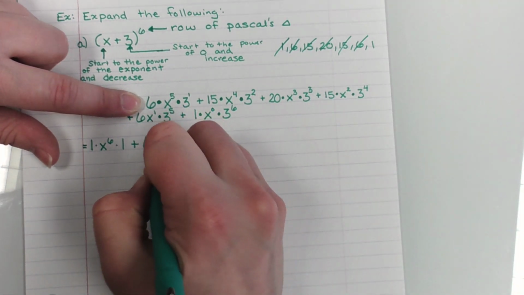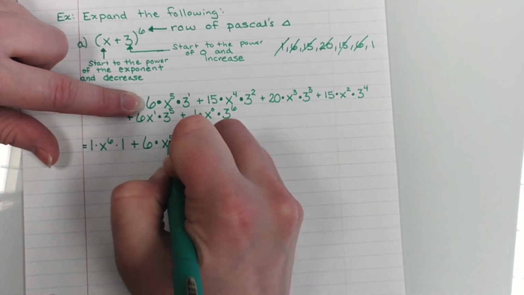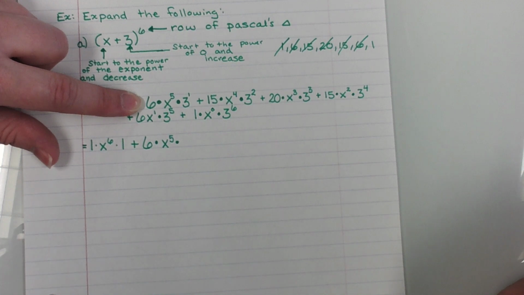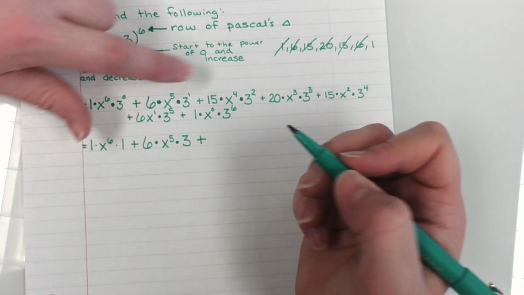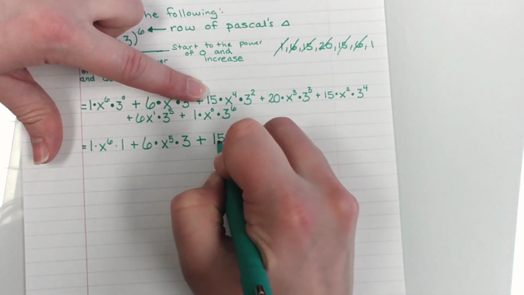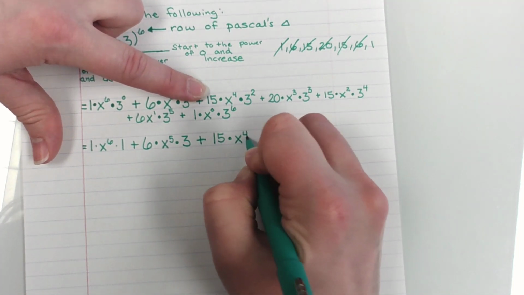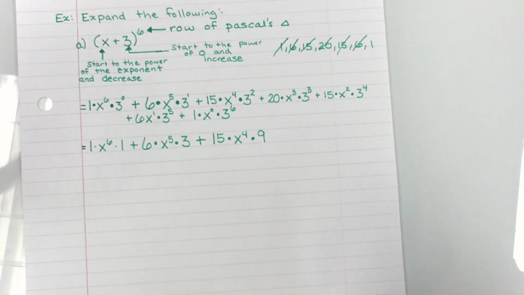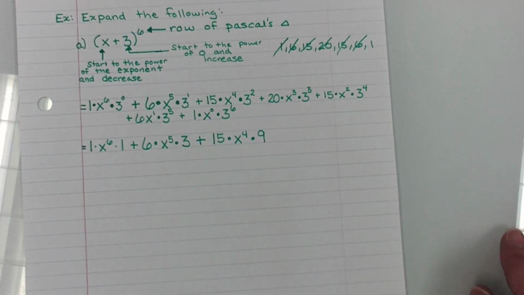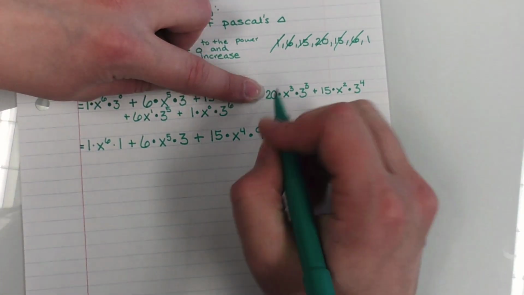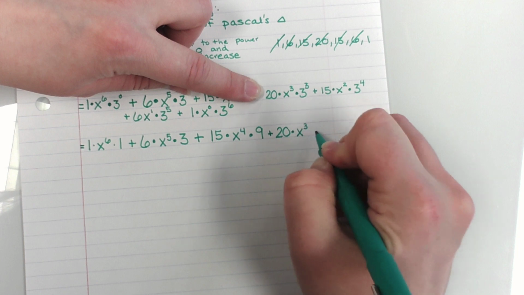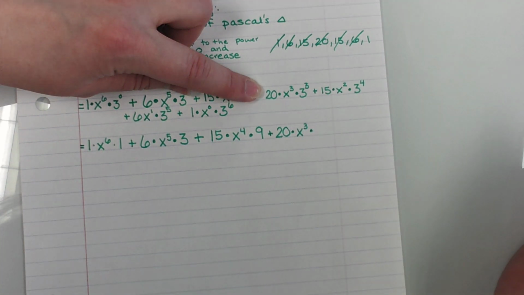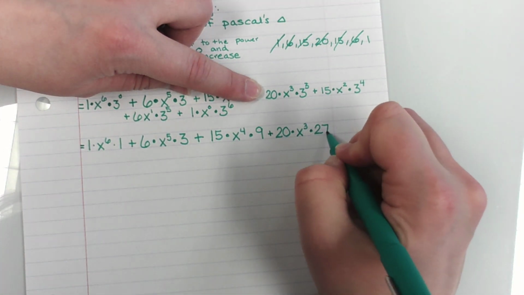The next term, 6 gets multiplied by x to the 5th, gets multiplied by 3 to the 1st power, is just 3, plus between terms. 15 gets multiplied by x to the 4th power, gets multiplied by 9. Do not multiply the 15 and the 3 before you put the exponent on. PEMDAS, please. Plus 20 gets multiplied by x cubed, gets multiplied by 3 to the 3rd power is 27.